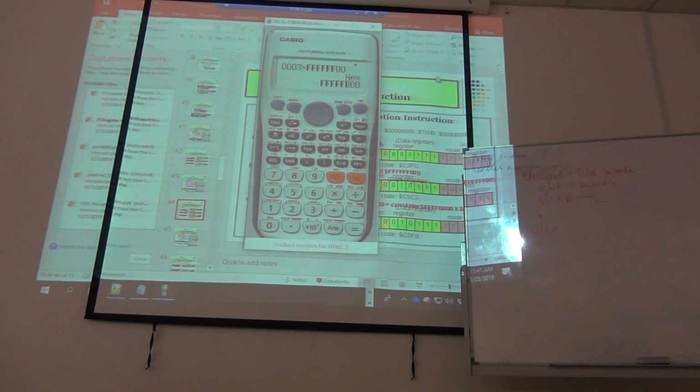The answer is FD0. So you are going to use all the numbers because of the long word answer. Is it the same answer, right?